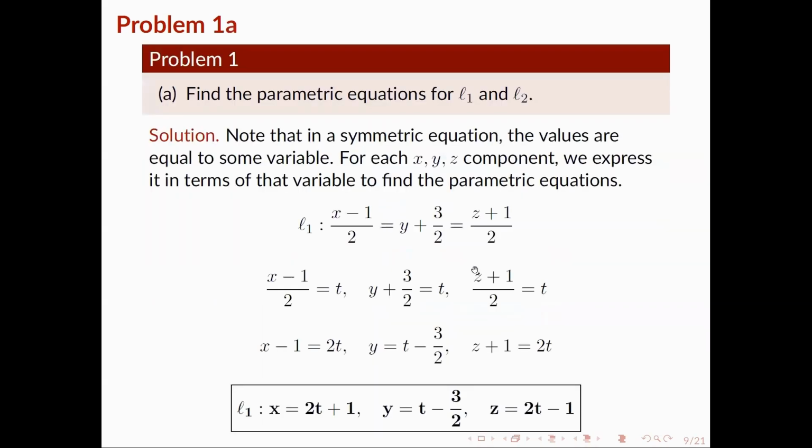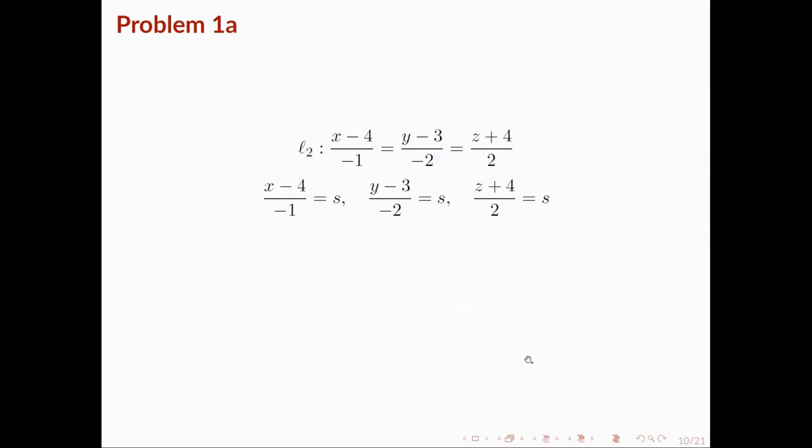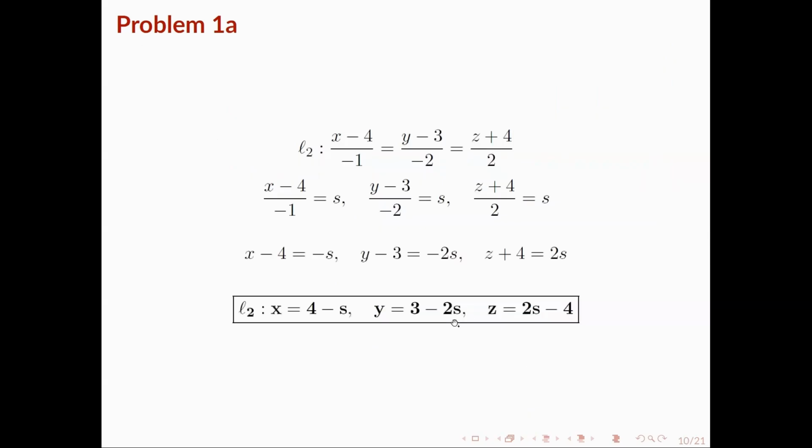So, going back, for L sub 1, its direction vector is given by 2, 1, 2 from the coefficients of t here. And for L sub 2, it's negative 1, negative 2, 2.